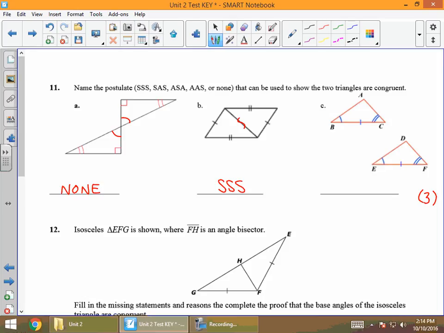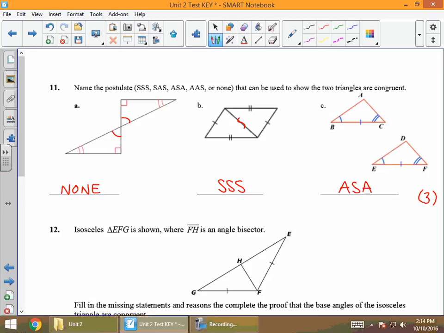And then for C, I see that angle B is congruent to angle E, that is 1 angle. I see that angle C is congruent to angle F, that is 2 angles. And I do have one side. I have side BC and side EF, so I just need to make sure that it is in the same location. And BC is between my 2 angles, and EF is between my 2 angles. So this is angle, side, angle.